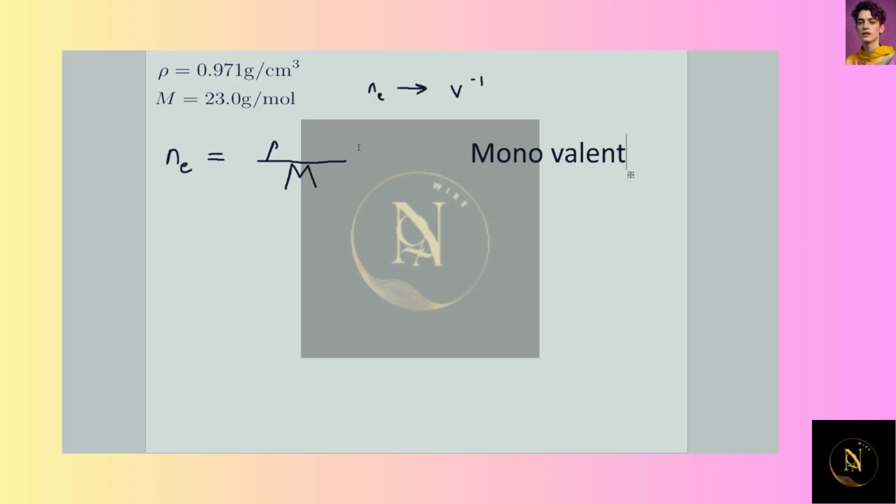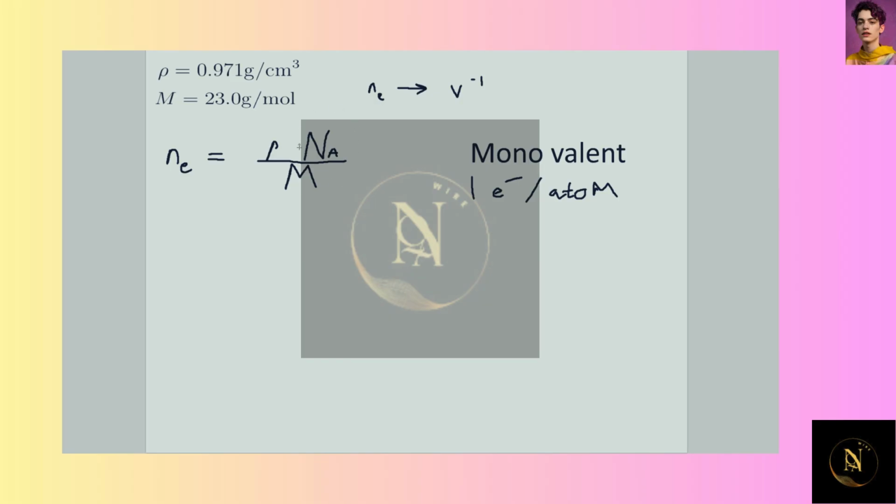What that means is that it contributes 1 electron per atom to our conduction band. So we will have to multiply this fraction by the Avogadro constant N_A. Now the Avogadro constant relates the number of molecules or atoms, or in this case charge carriers, in the sample with the amount of substance in that sample.